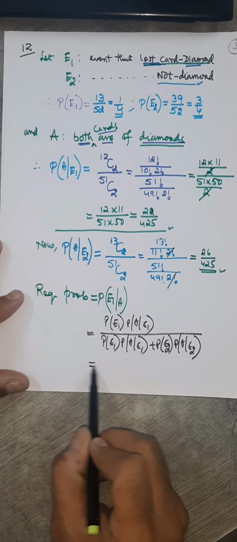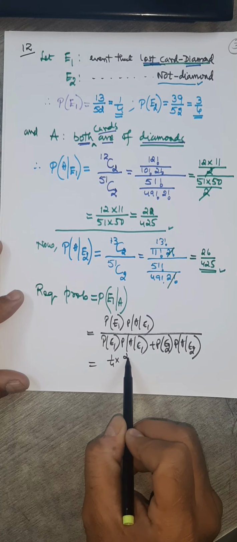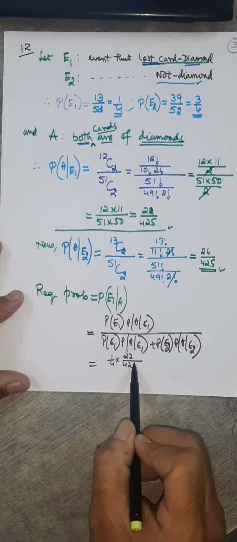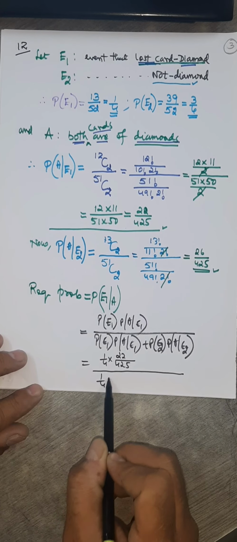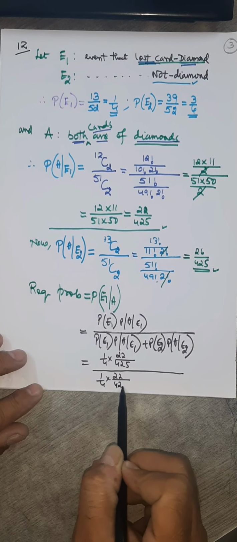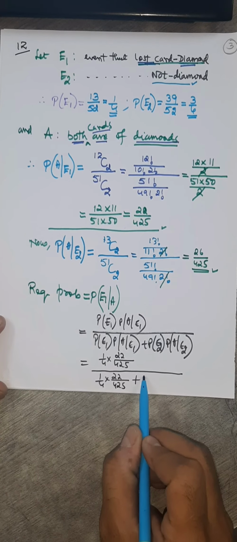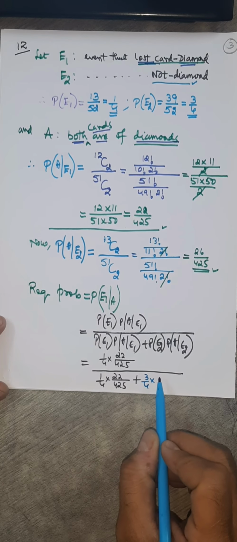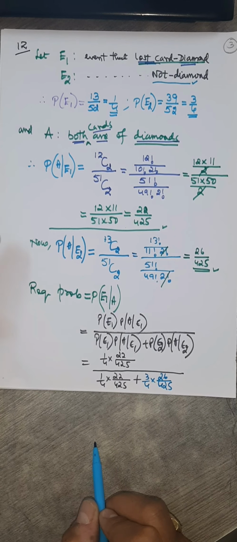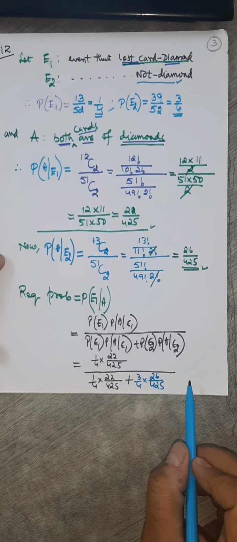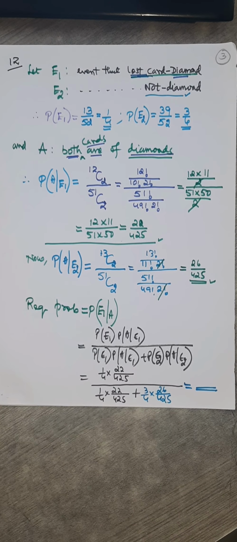If I just put the values here, 1 by 4 into, what is this conditional probability? 22 by 425, upon 1 by 4 into 22 by 425 plus, what about this? 3 by 4 into, what is this? 26 by 425. So just simplify. So you will get the required probability here. The question is now just simplification.